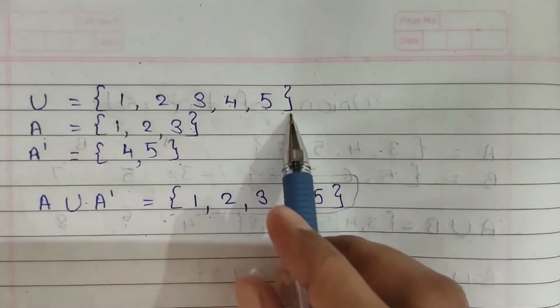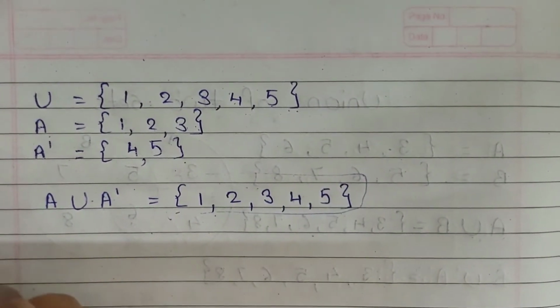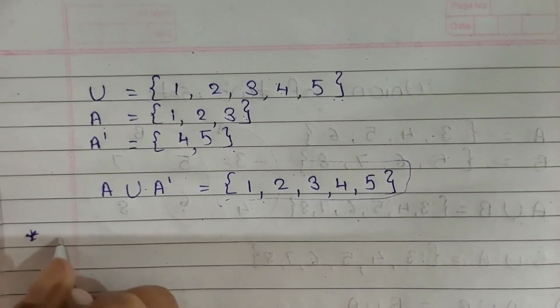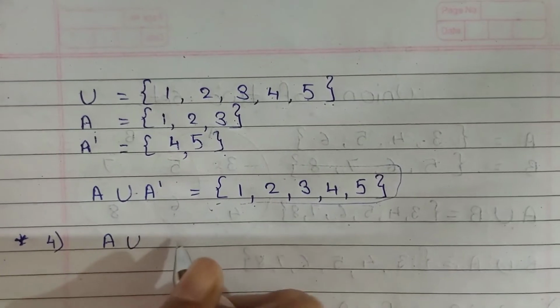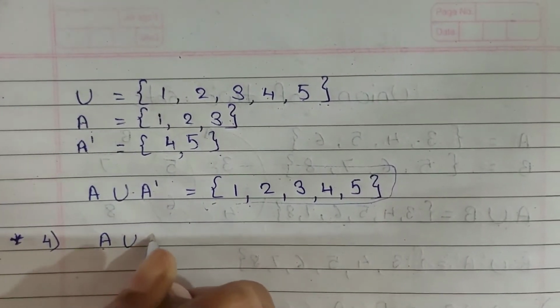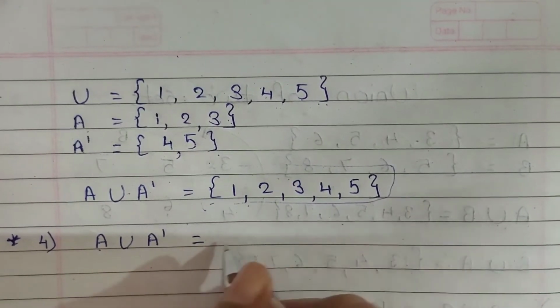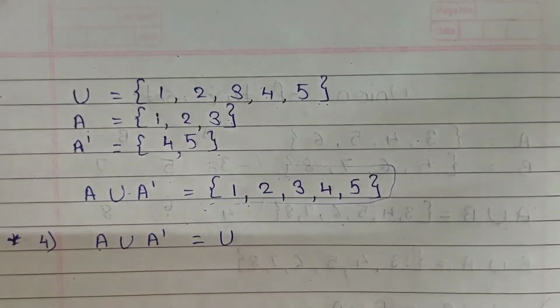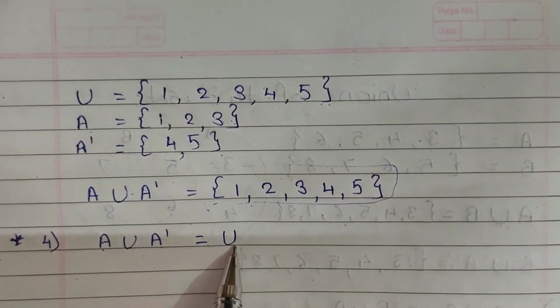Isn't it the universal set? Yes. Therefore, this is our next property, the fourth one. When we find the union of A and A complement, the answer is the universal set. A union A complement is equal to the universal set.